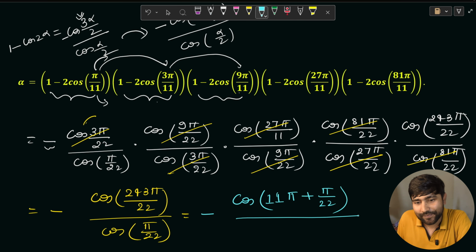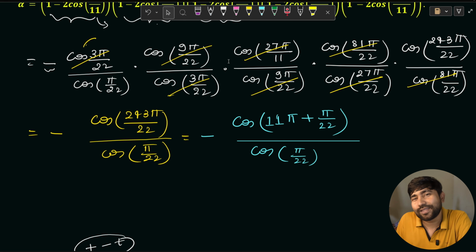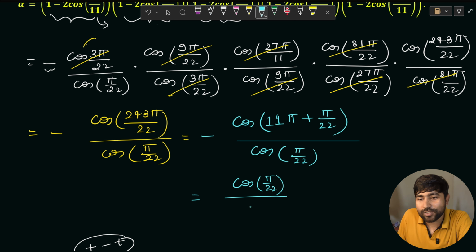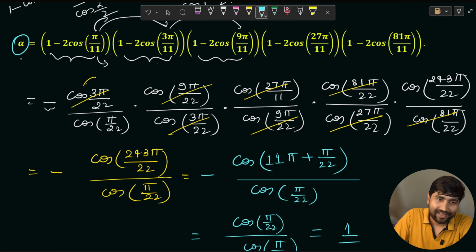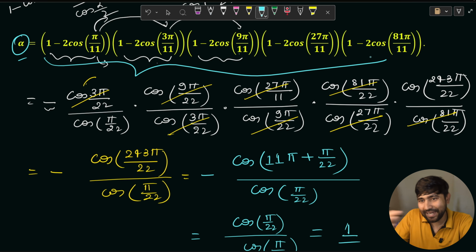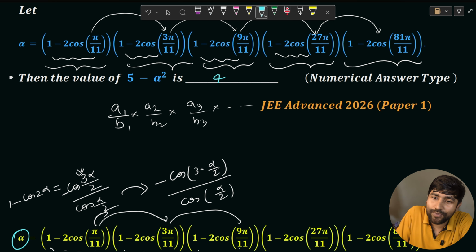So we get cos of 11 pi plus pi by 22. 11 pi means odd pi, plus theta, that comes in the third quadrant, where cos is negative, so that will become minus minus plus, cos of pi by 22 upon cos of pi by 22. So this alpha is nothing but equal to 1. This complete quotient is nothing but 1. We got our alpha. They have asked 5 minus alpha square, so 5 minus alpha square is nothing but 4.